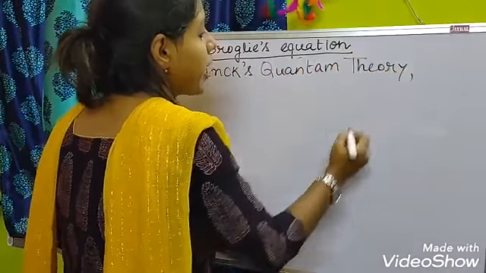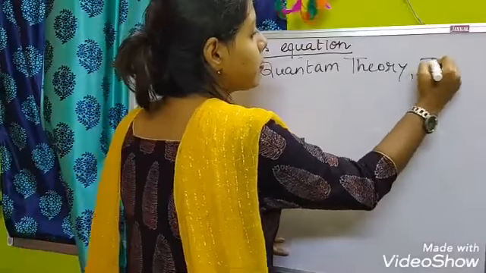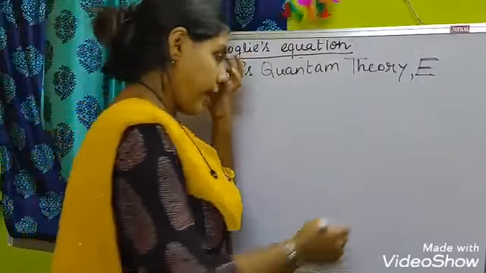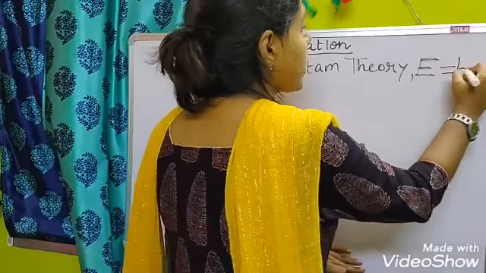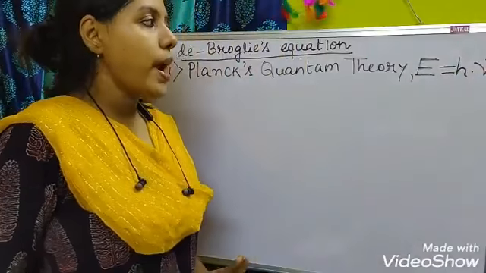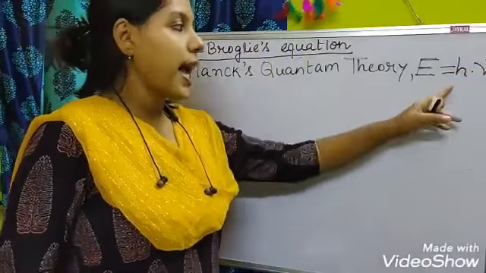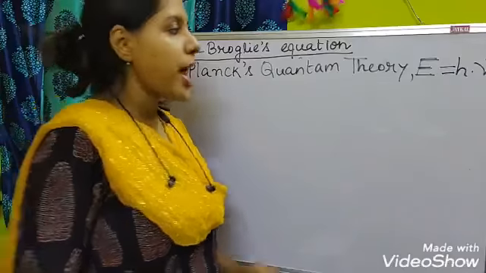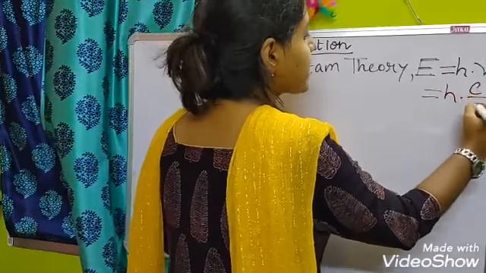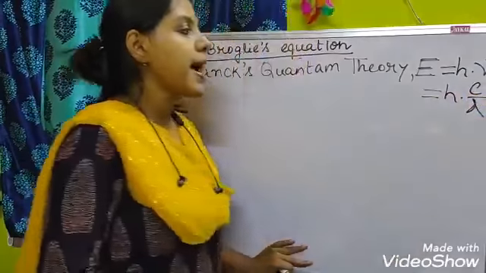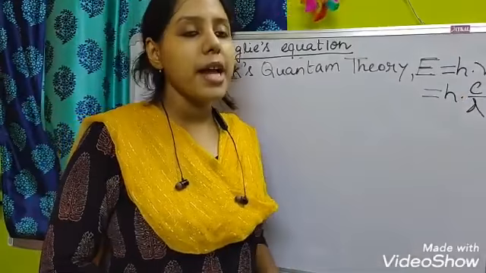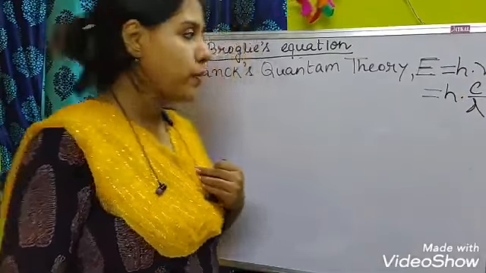According to this theory, if E is the energy of a photon, then E equals h into nu, where nu is the frequency and h is Planck's constant. Or we can also write it as h into c by lambda, where c is the velocity of the photon and lambda is the wavelength of the photon.